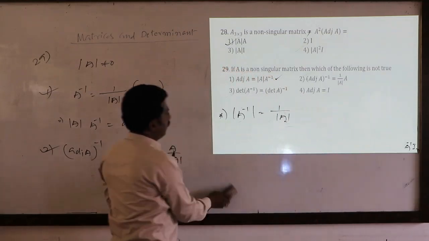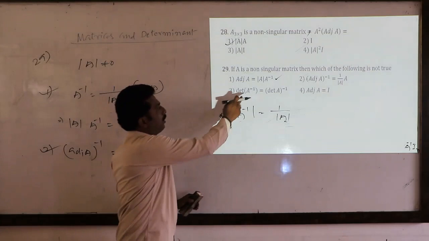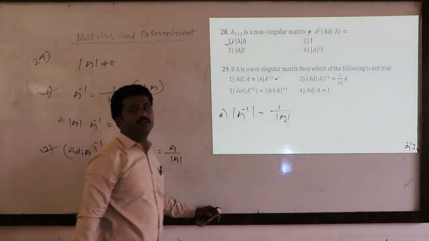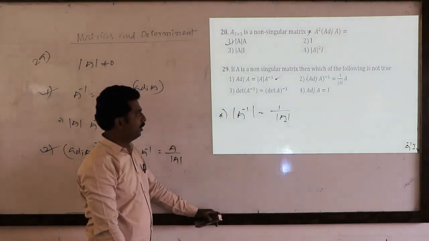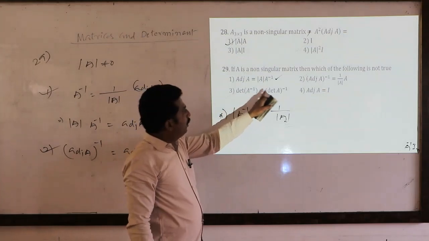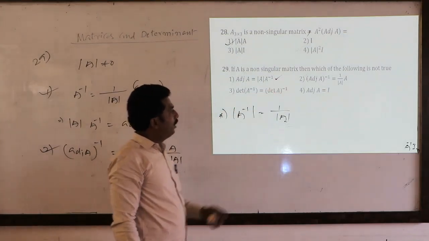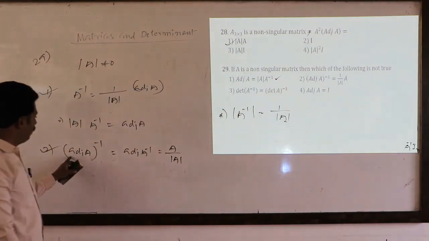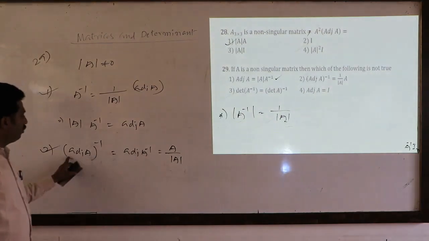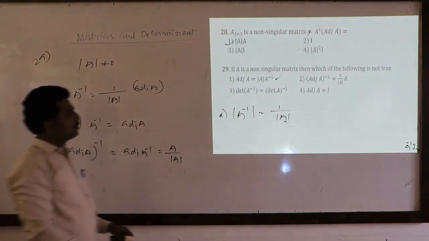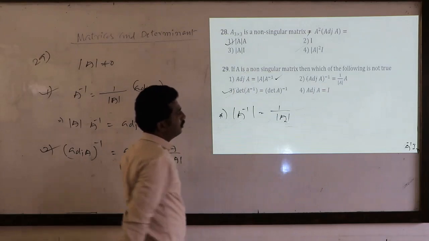Whether this option is correct or not: determinant of A inverse equals determinant of A whole inverse. This is the same only. So the third option is really correct.